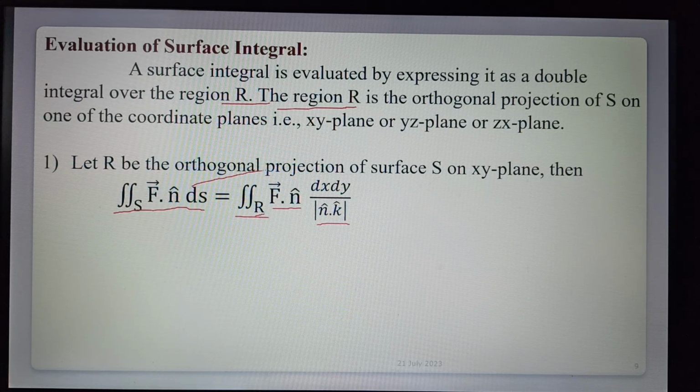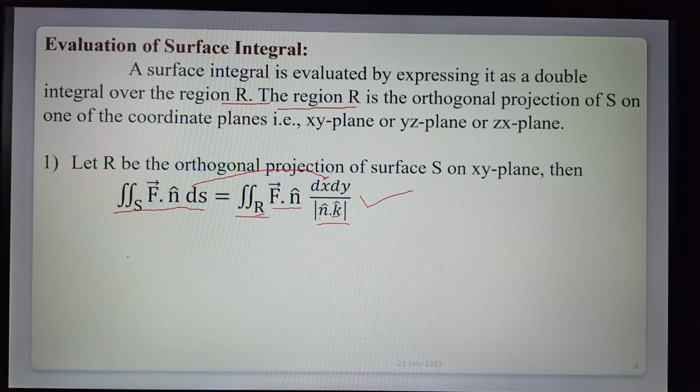Here n cap is the unit normal vector to the surface, and k cap is the unit direction vector along the z axis, which is opposite to the xy plane. So this is one of the formulas to find the surface integral when the projection is in the xy plane.